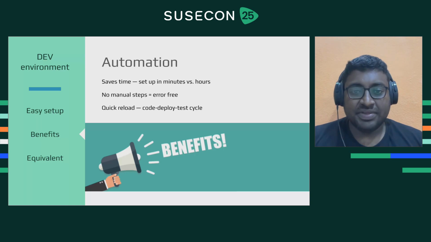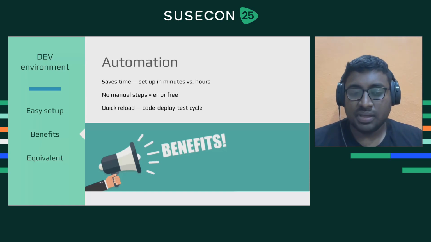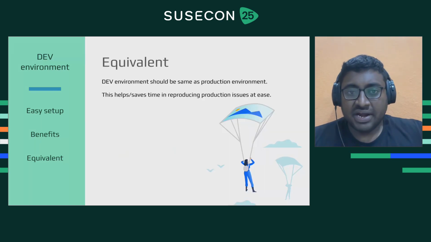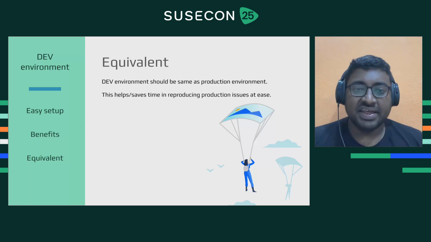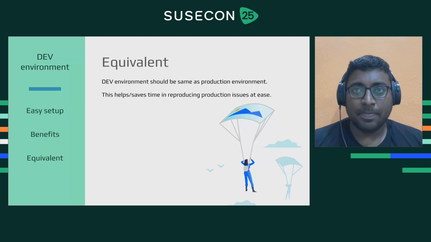No manual steps implies error-free setups and quick reloads of testing as well. More importantly, the dev environment should be the same as the production environment. Take an example where a production issue occurs and you would like to reproduce the same issue in your dev environment. You should be able to spin up an environment as quickly as possible to reproduce and fix that issue as well.